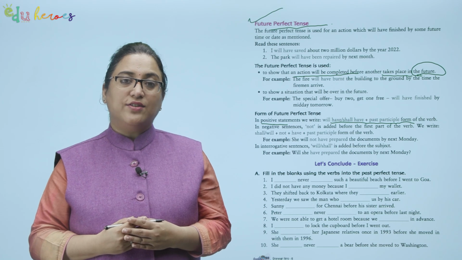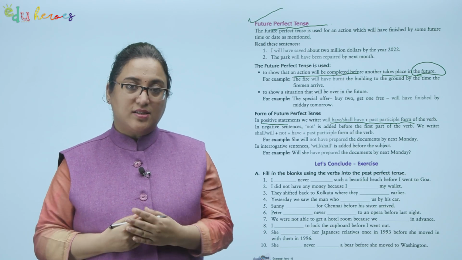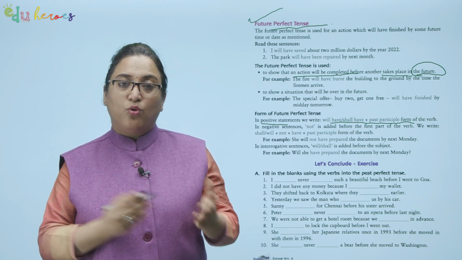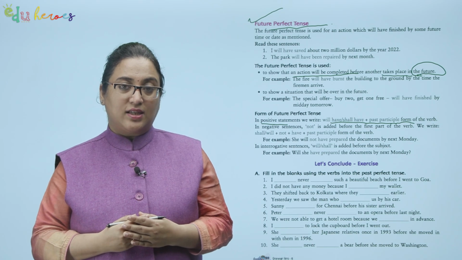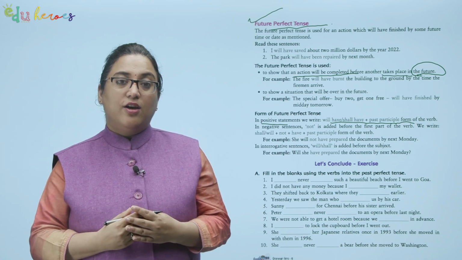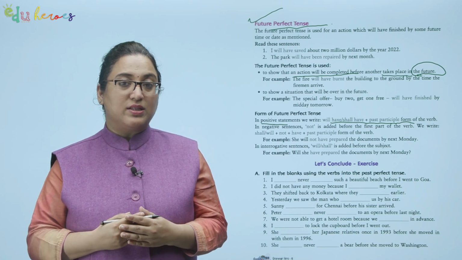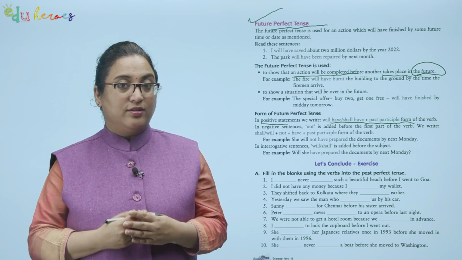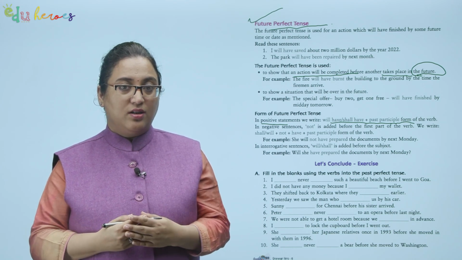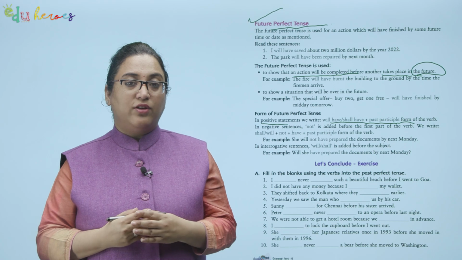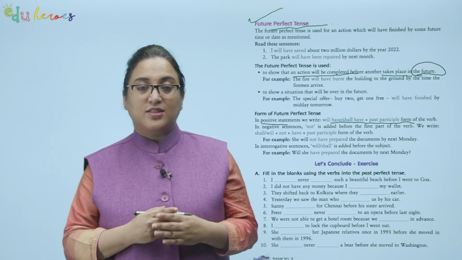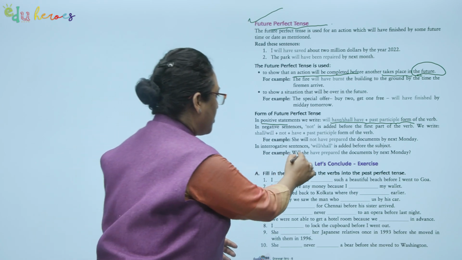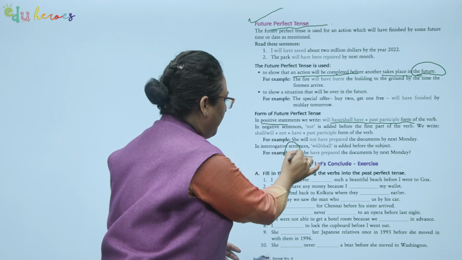In interrogative sentences, the question sentences, will, shall is added before the subject. Let's see in this example. Will she have prepared the documents by next Monday? Now the tone changes, it's the question. We are adding will or shall before the subject. The subject here is she, and this is added before she.